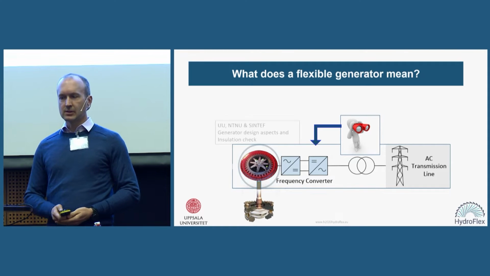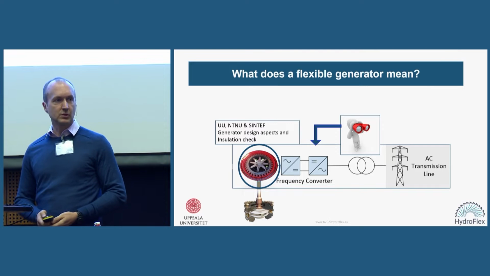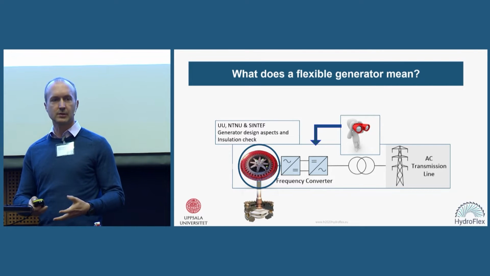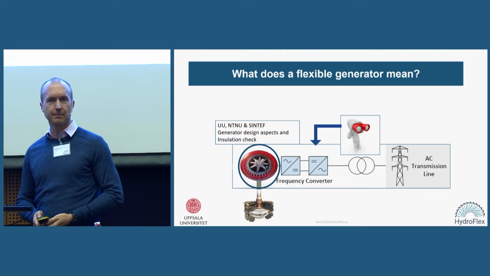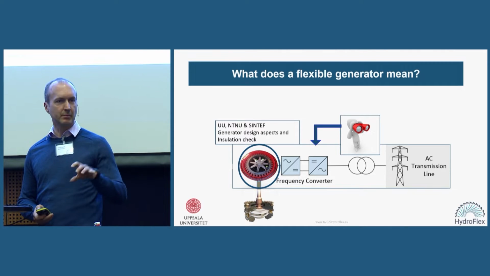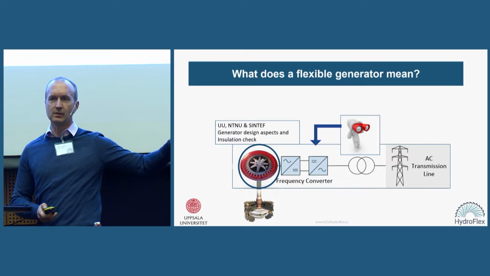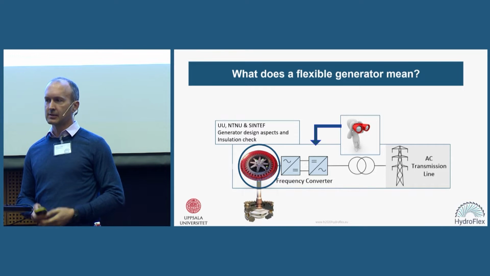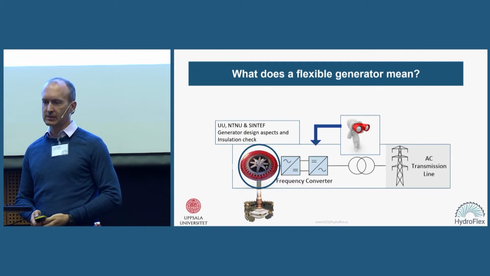And then inside the generator, there's been Uppsala University, NTNU to some degree, and SINTEF looking at design aspects of the generator, but also the installation. Because when you put one of these converters, what you do is that you basically chop up the voltages that the generator sees, and that can have an impact on the insulation levels in the generator.